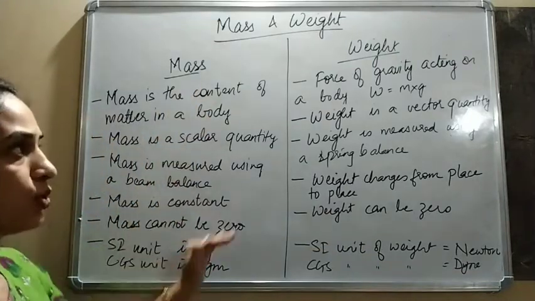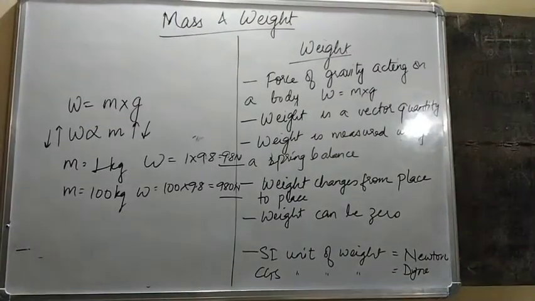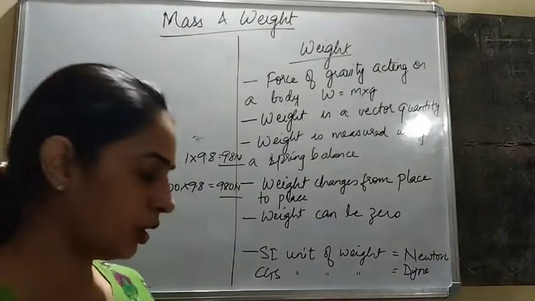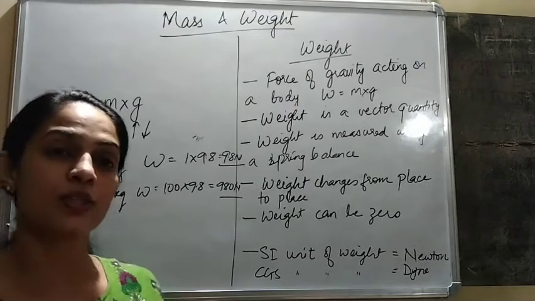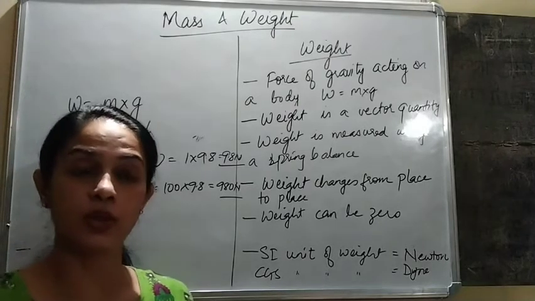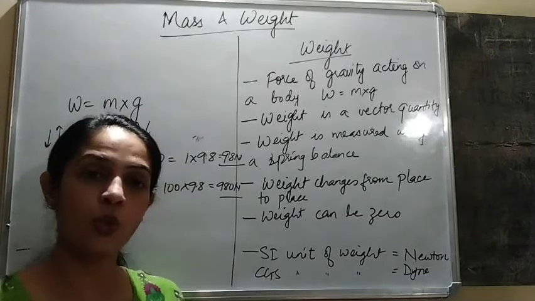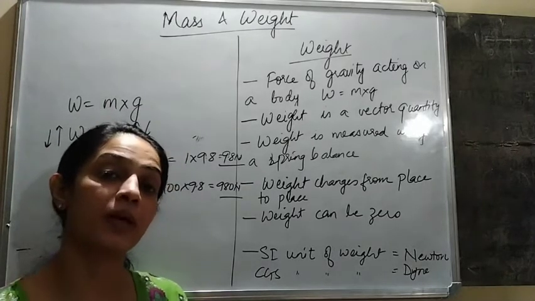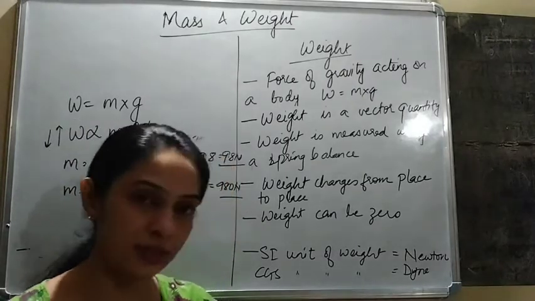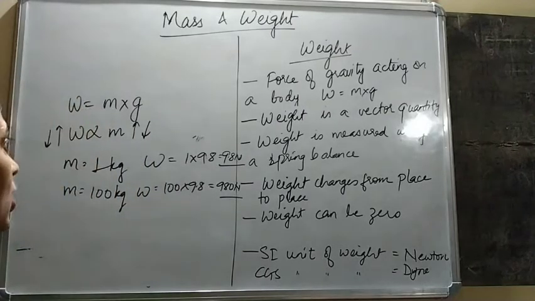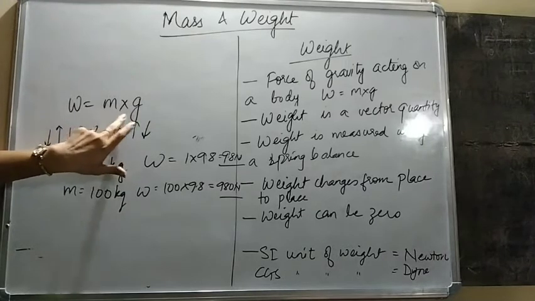So this is the comparative study of mass and weight. Coming to the question I asked you: why is it that when I ask your weight, you give me your weight as 50 kg? You are specifying your weight, but the unit you use is of mass. Why can we use them interchangeably? Weight is mass into gravity, mg.